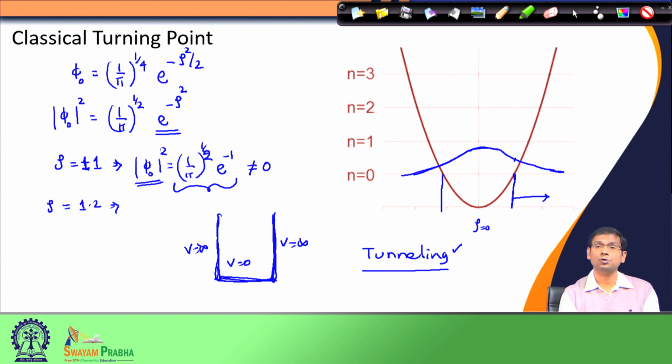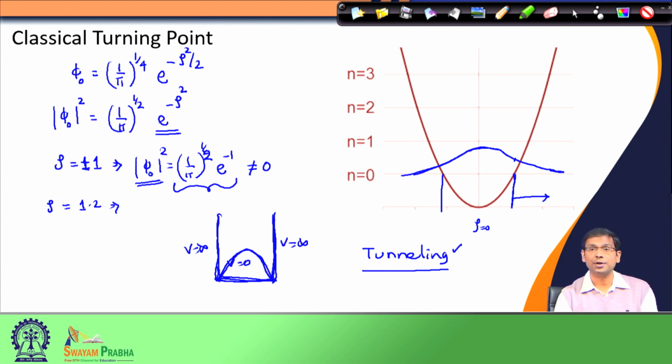If you remember the solution of the particle in a one dimensional box, at the two ends of the box the wave function and its probability became 0. But in the case of the harmonic oscillator, that is not the case. The potential is not a discontinuous function, not a hard potential; rather, it is a soft potential.